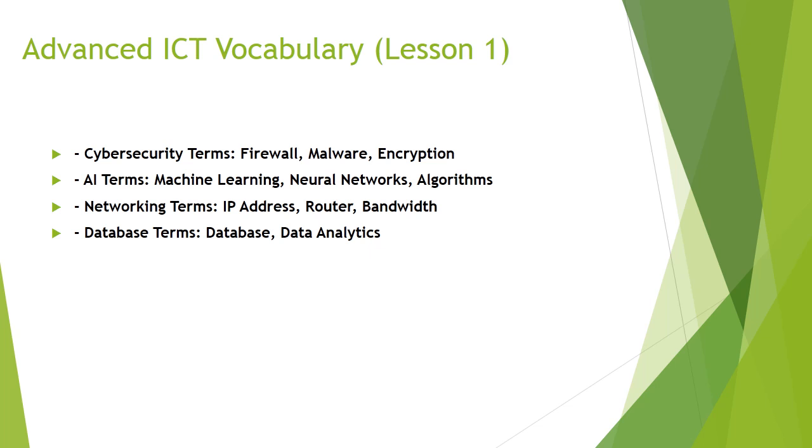We have as well seen words related to artificial intelligence like machine learning, neural network, and algorithm. As well, we have learned about networking terms, and in this theme you have to remember what is an IP address, a router, and a bandwidth. And as well, we have seen terms related to database like database and data analytics.